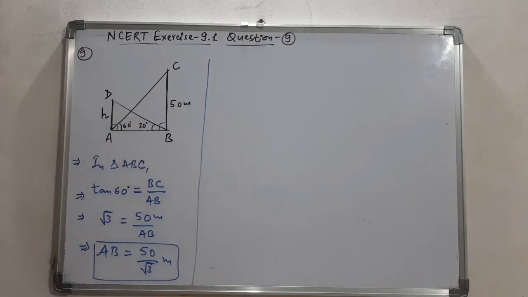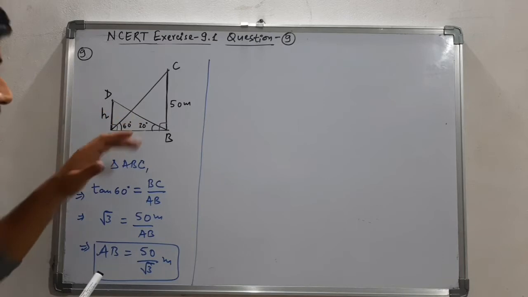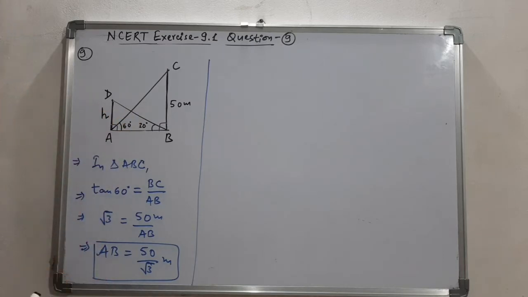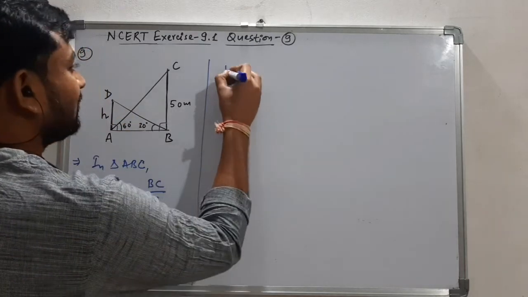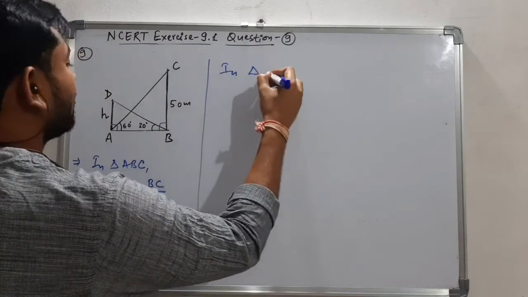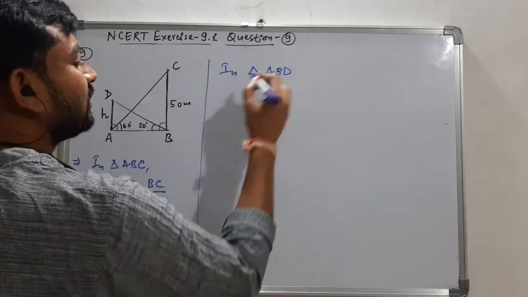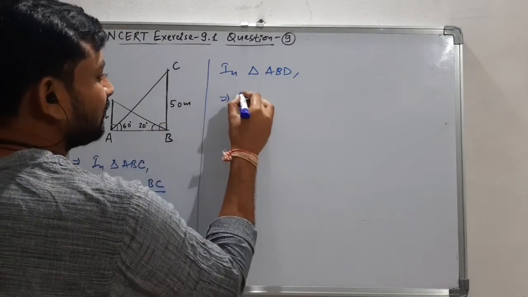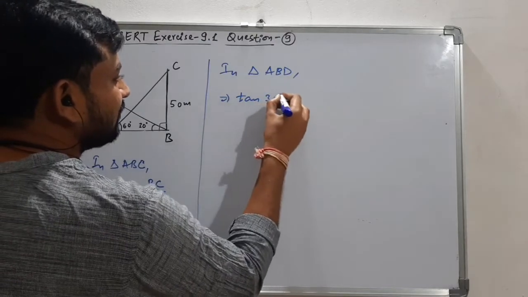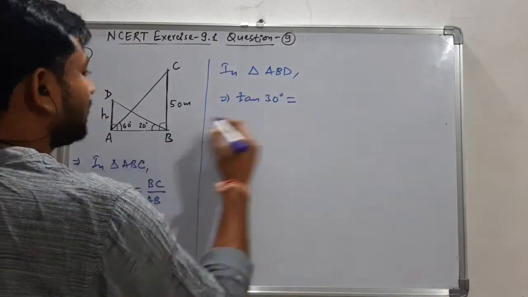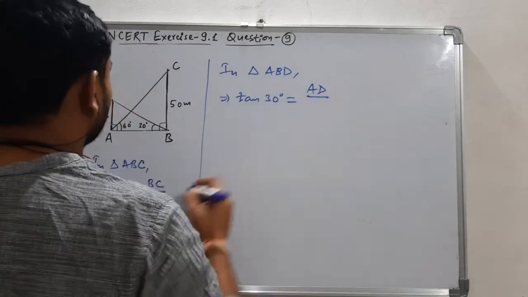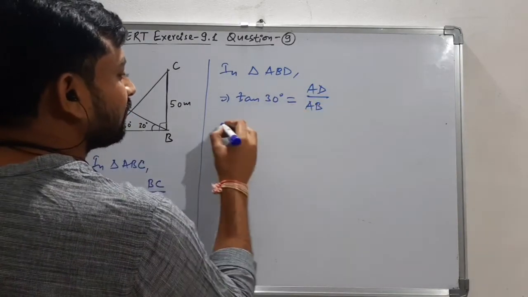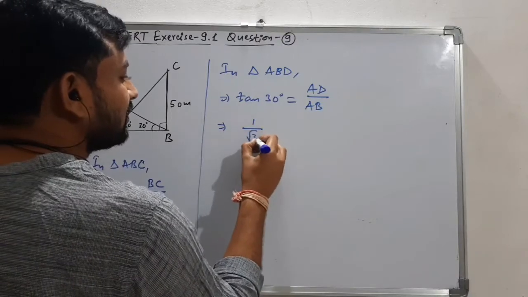The distance between the two standing positions here, the distance between the building and tower, is AB, that is 50 by root 3. Now let us consider the other triangle here, the triangle ABD. So here in this triangle ABD, angle A is 90 degrees. The angle which is given to us is 30 degrees. So tan 30 we are taking here. This is perpendicular, that is AD, upon base, that is AB. Tan 30 is 1 by root 3.